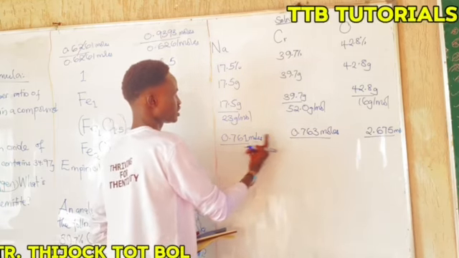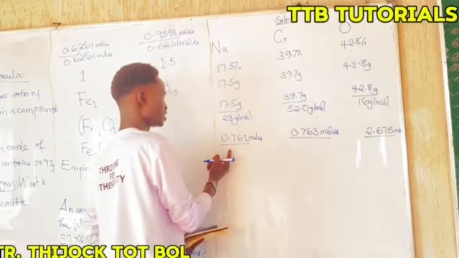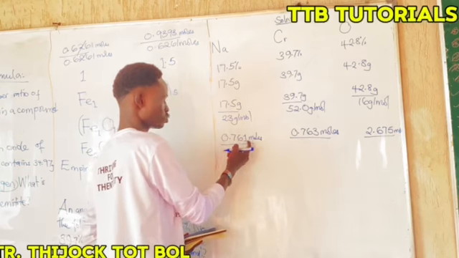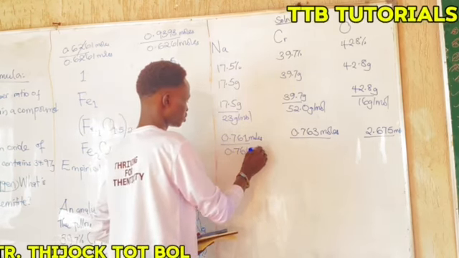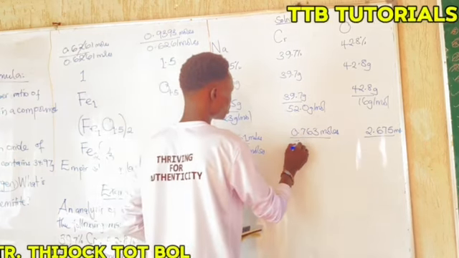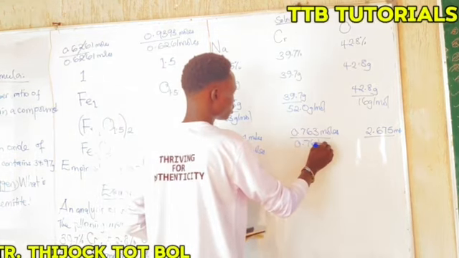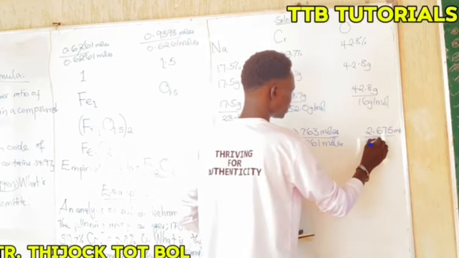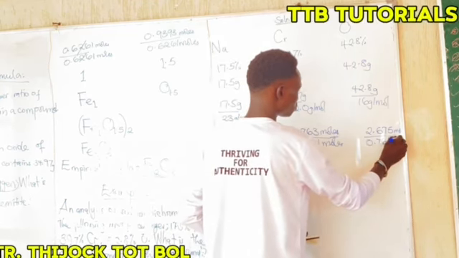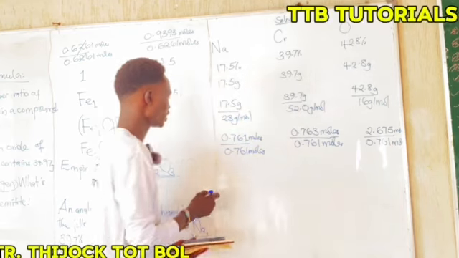So the smallest is this, it is 0.761 moles. Also this one, 0.761 moles. Also this one, 0.761 moles. So you can divide.